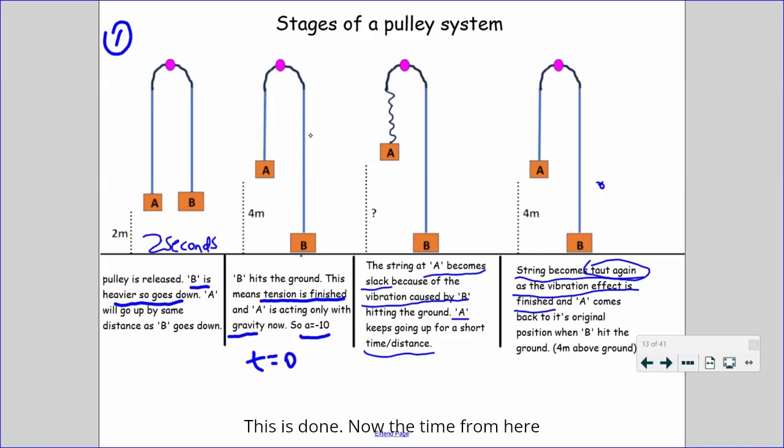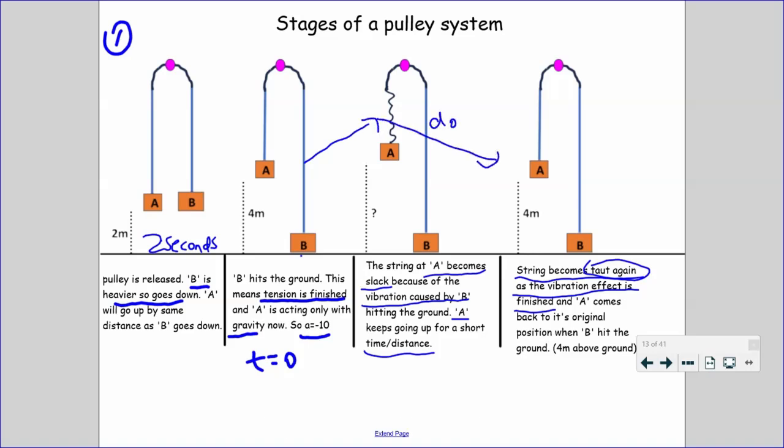The time from here to there, there's two ways to do that, right? You can find the time to get to the highest point and then double it. Okay, so for example, it takes 3 seconds to get to the highest point. It will take 3 more seconds to get back down here. So that would be 6 seconds.